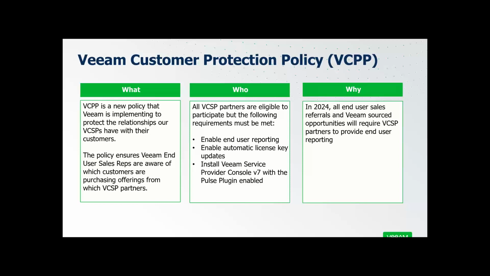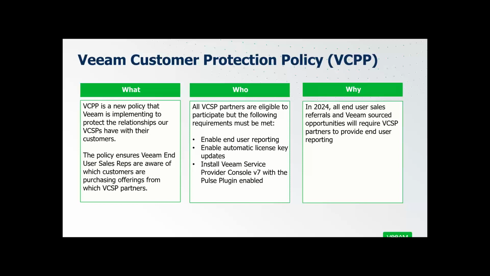Now, this has been part of a policy that we've implemented across all of our partner types. We have great visibility with our resellers because on every order they place, we know who the end user is. And to make the VCSPs a true route to market for us, we need to see the same things. The VARs, the resellers, have complained for years that they need more protection as the incumbent partner.